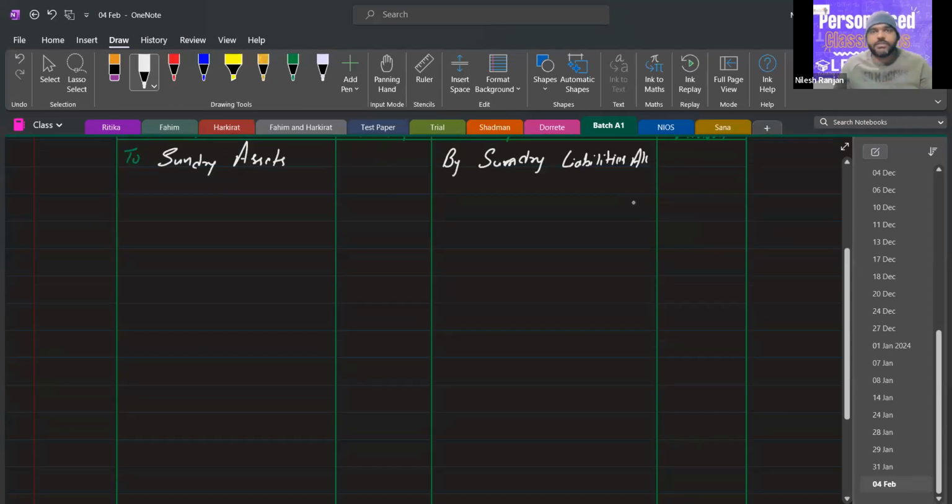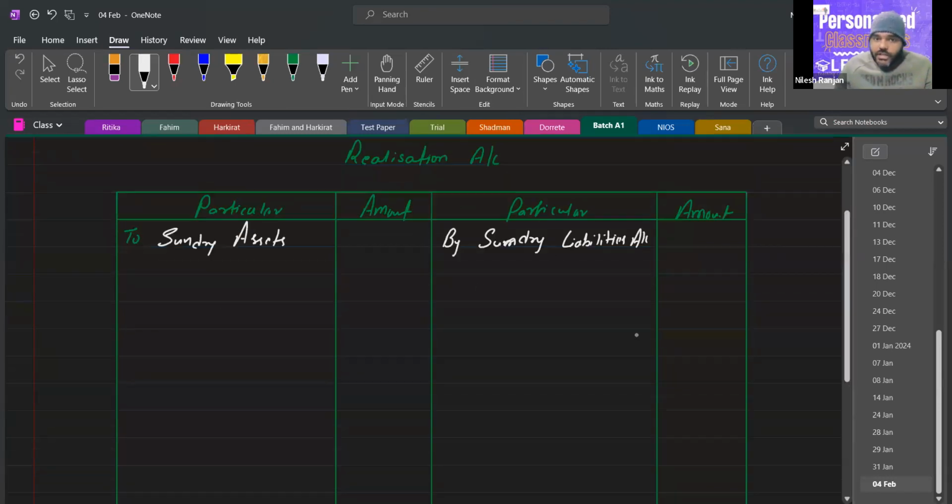So any provision or reserve related to any asset will be transferred here in realization. And if there is a separate reserve, then it will go to the partner's capital. Can you tell me which reserve will come here and which reserve will go to the partner's capital account?